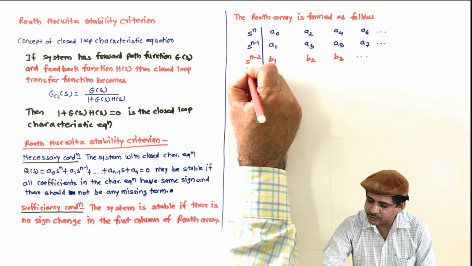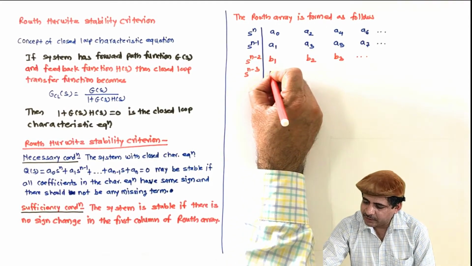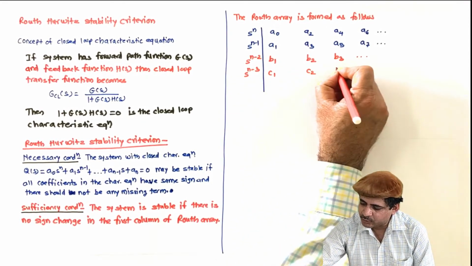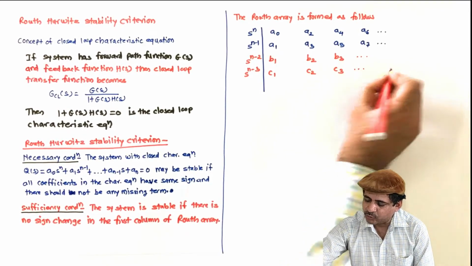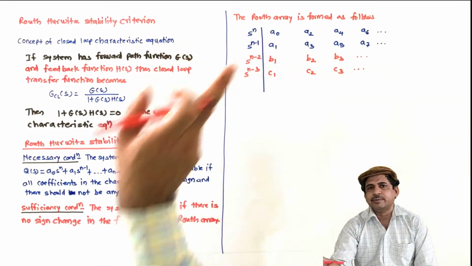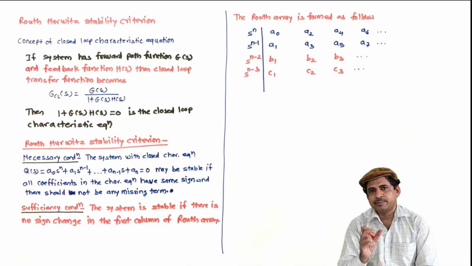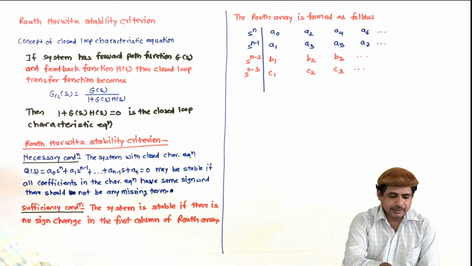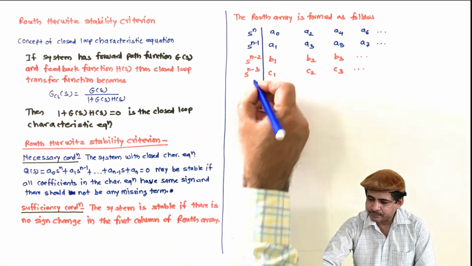Then next will be s raised to n minus 3, and it will have, say, C1, C2, C3 and so on. And in a pair of rows, the number of elements will reduce by 1. And this will be continued.